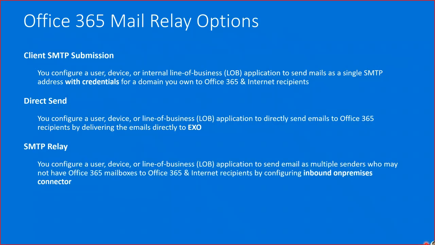Then we have SMTP relay. SMTP relay is an option where we create a connector in Office 365 and we route messages through Office 365 using the connector. The SMTP relay is the most flexible option of relaying.